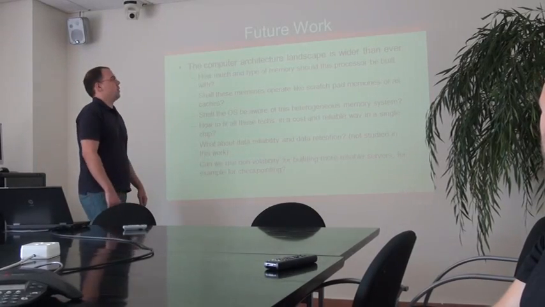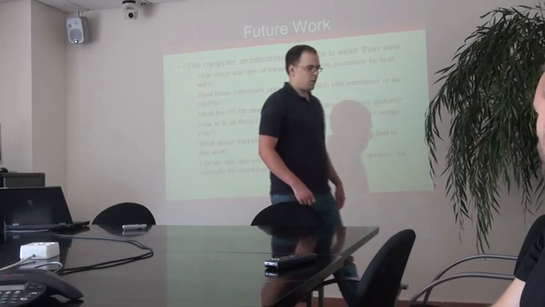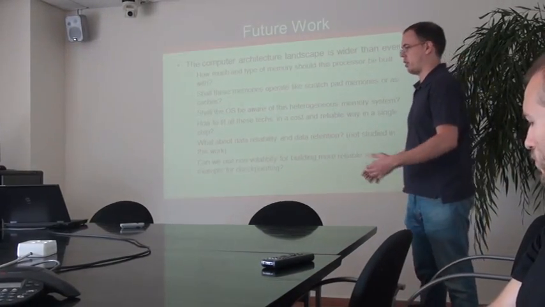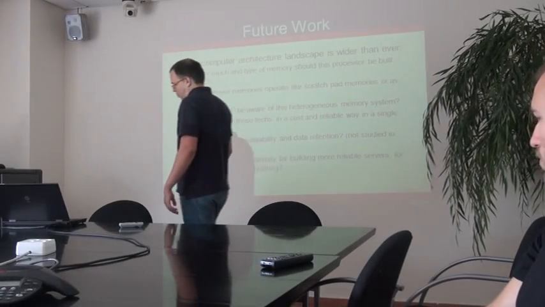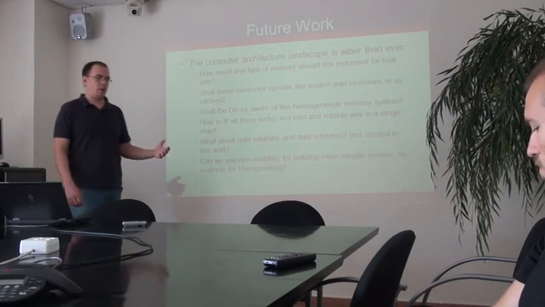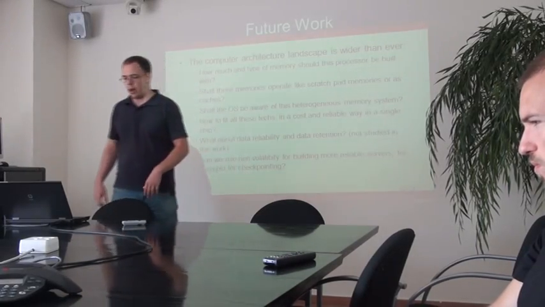Okay, future work of this work. We are introducing even more variables to the computer architecture landscape, and this introduces even more questions, right? How much and what type of memory should each core include? I don't know.